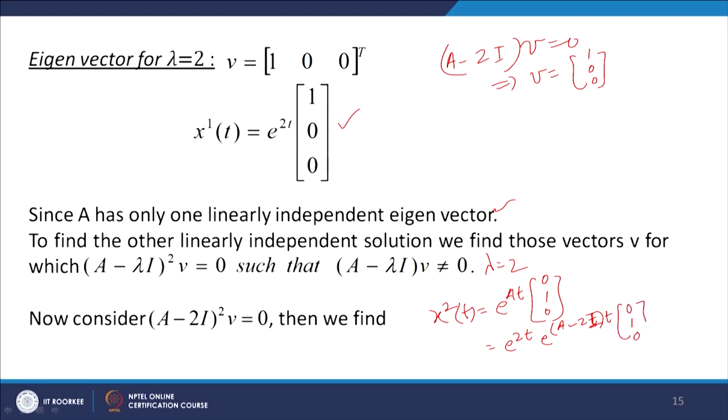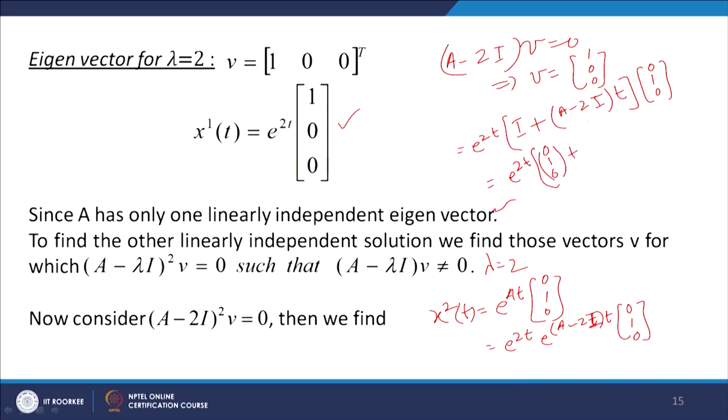So, this gives you e to the power 2t times (I plus (A minus 2I) t) and then 0 1 0.